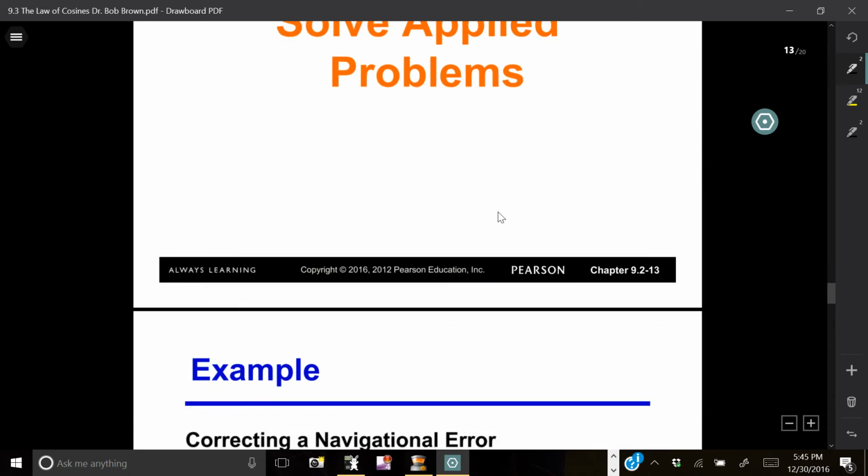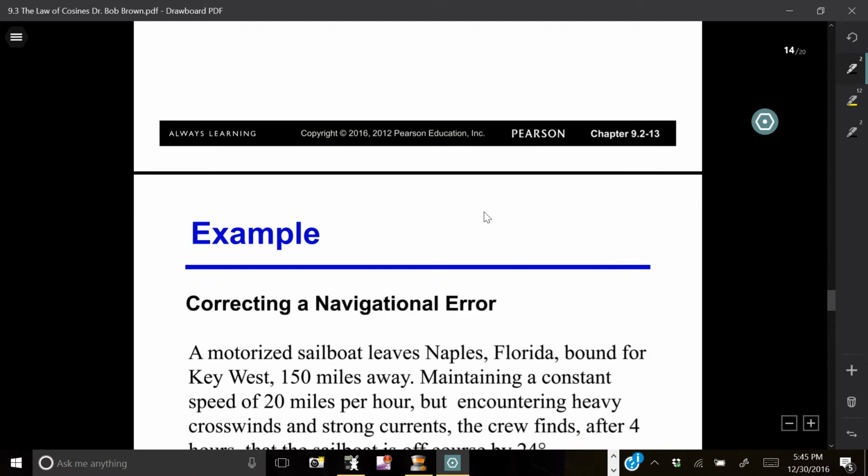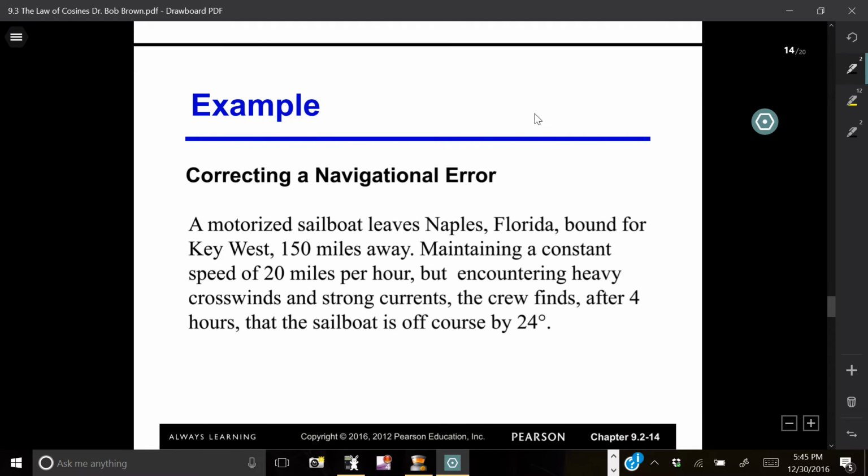Now we're going to work another problem. Suppose we take off from Naples, Florida in a motorized sailboat going to Key West, which is 150 miles away, and you're maintaining a constant speed of 20 miles per hour, but encounter heavy crosswinds and strong currents.